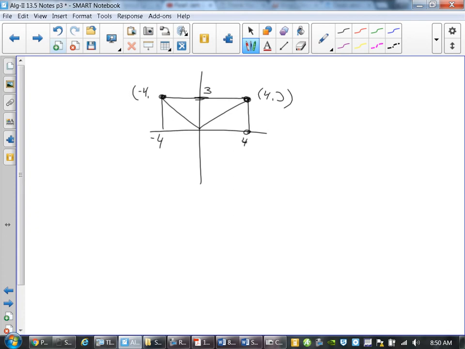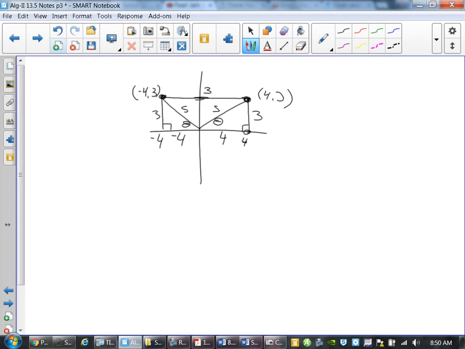This would be at negative 4 and 3, because your opposite, your theta value, is still the same. If you use the Pythagorean theorem, this is still a 4, this is a 3, this is a negative 4, and this is a 3. You could still find your hypotenuse. Your hypotenuse would still be 5 for both of them, because when you square something, horizontals and verticals form right angles. That's why this works.